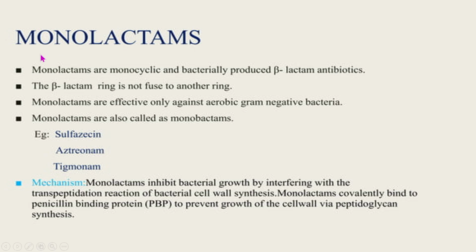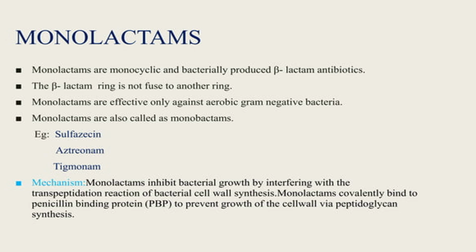Monolactam means a monocyclic ring, bacterially produced beta-lactam antibiotic. Till this moment, we have discussed penicillin, the classification of antibiotics, and we have started discussion on cephalosporin. Cephalosporin contains a beta-lactam ring attached to the thiazine ring. Penicillin contains a beta-lactam ring attached to the thiazole ring.